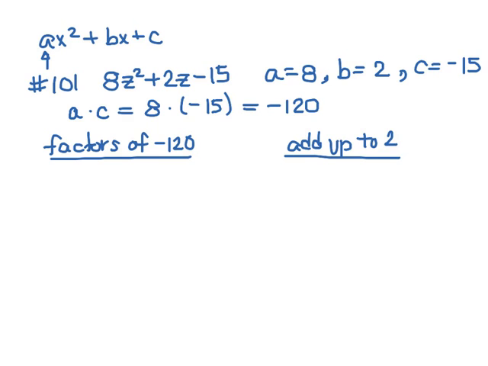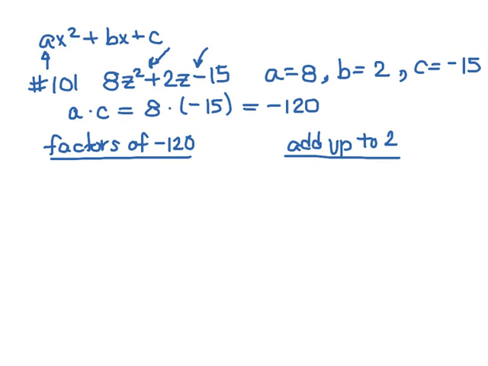Another clue is, remember I told you about the different signs. Because it's negative, it tells us that we're going to have a positive and a negative factor. So the factors are different signs. The fact that we have a plus in front of our 2 here tells us that the larger one is going to be positive.